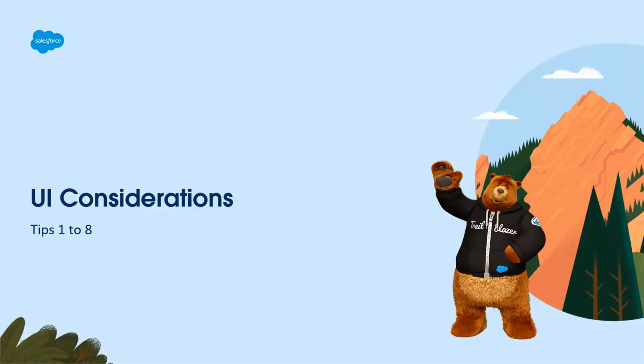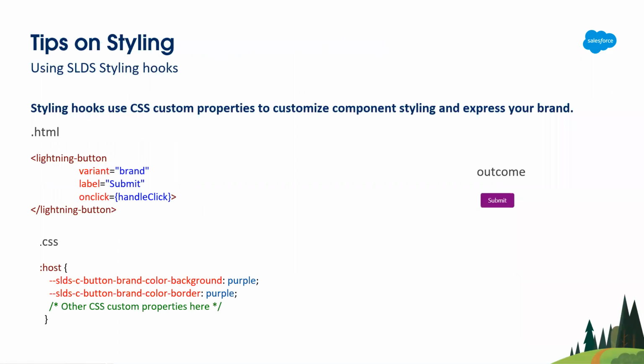So let's get started with UI considerations, tips 1 to 8. Tips on styling. When we work with any component, we have to adhere to company branding and design elements, right?